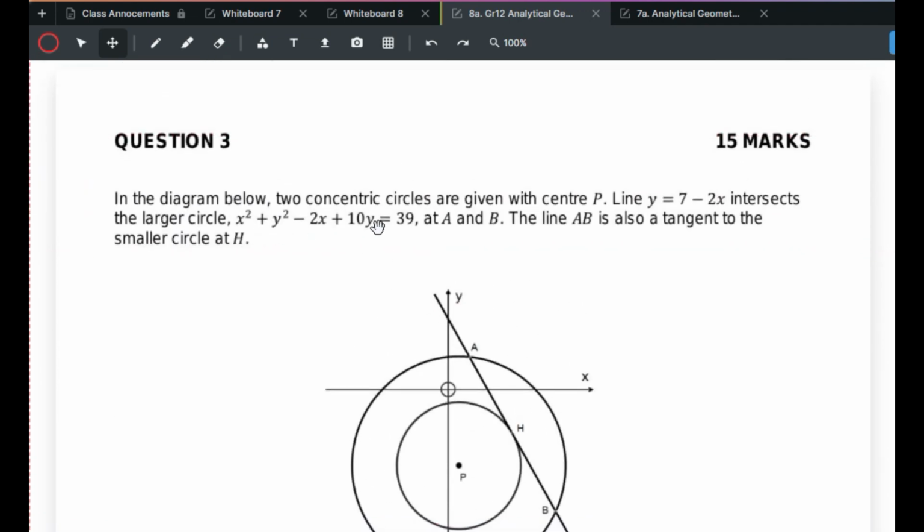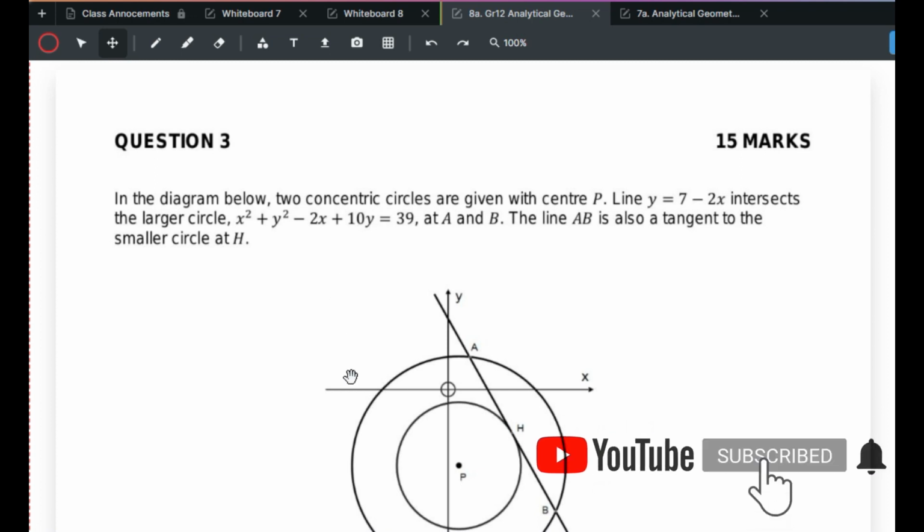This one here is for the large circle. If you have the equation already for the large circle, do you remember what to do to get it into the normal format? Yes, you complete the square. Exactly.